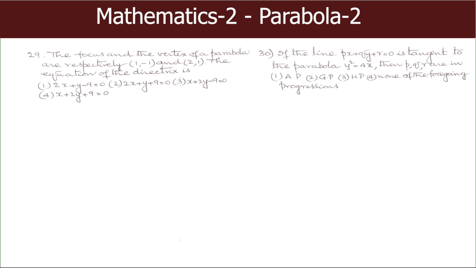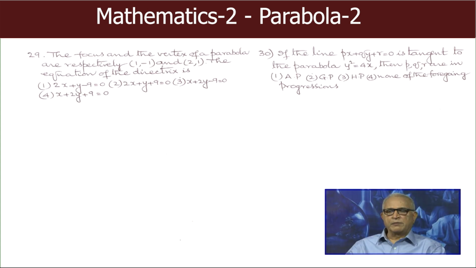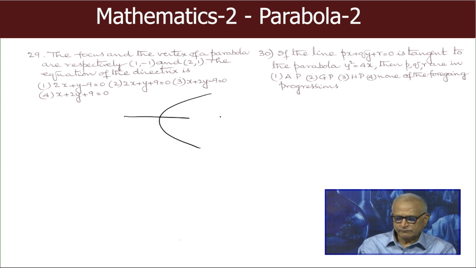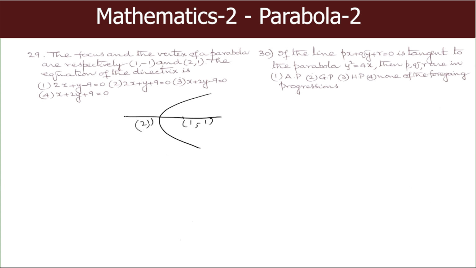Okay. Next, 29. The focus and the vertex of a parabola are respectively (1, -1) and (2, 1). Focus is (1, -1) and vertex is (2, 1). Equation of the directrix.